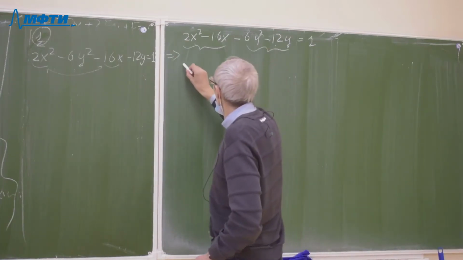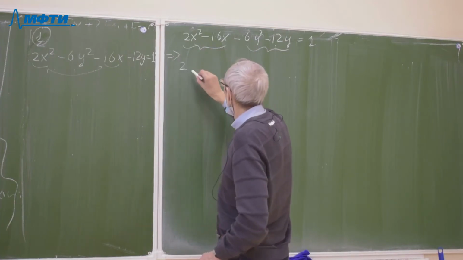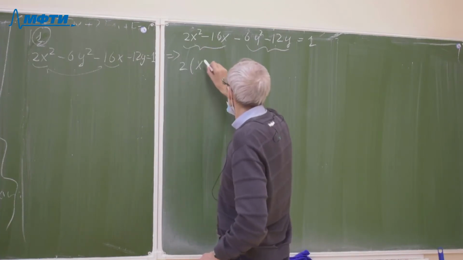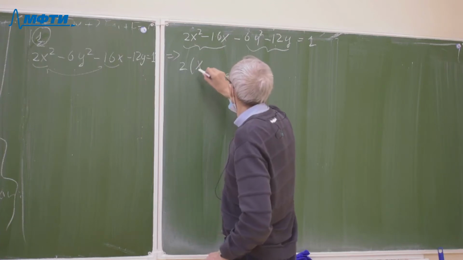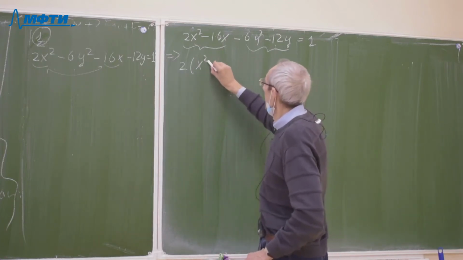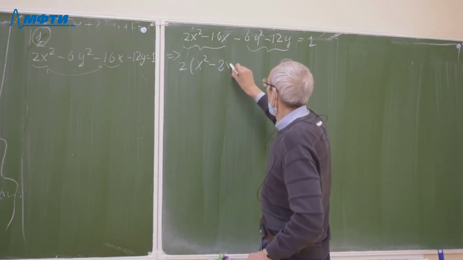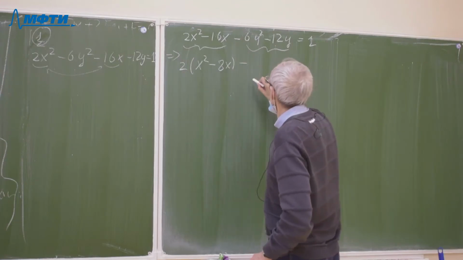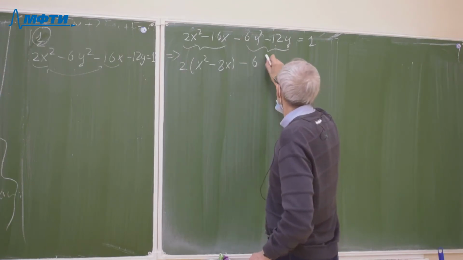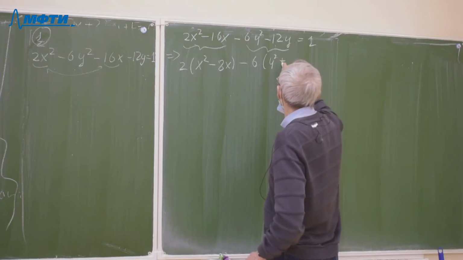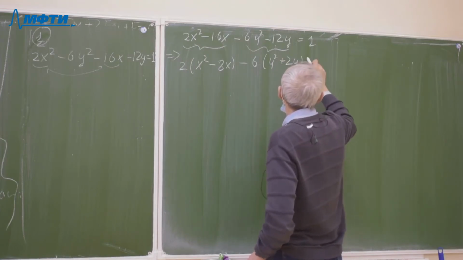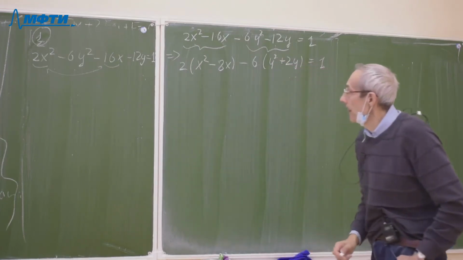And we can write these first two terms in the form 2 multiplied by x squared minus 8x, minus 6 times y squared plus 2y, is equal 1.